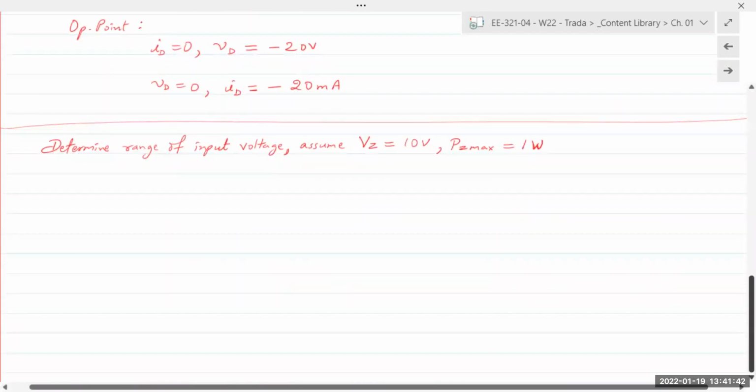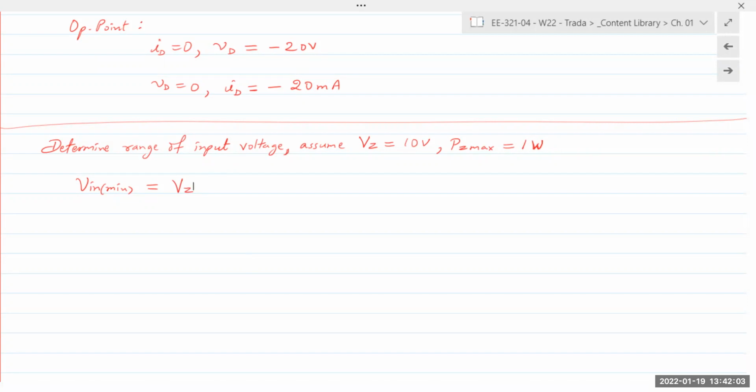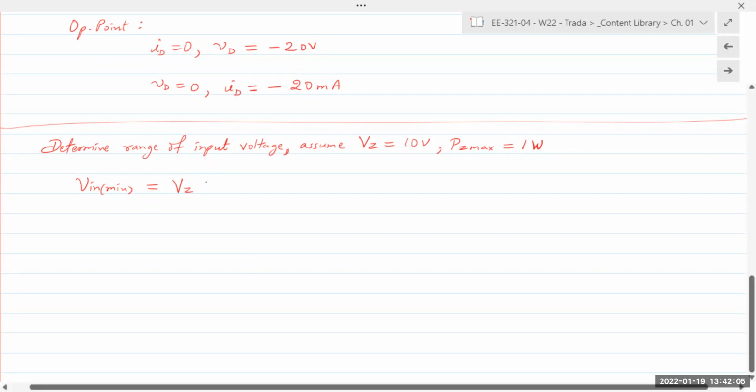Okay, so let's start with minimum, because that's the most obvious place to start. So V minimum should be equal to VZ plus, whatever, just a little bit: VZ plus VR. And we said we'll take VZ as equal to 10 volts.